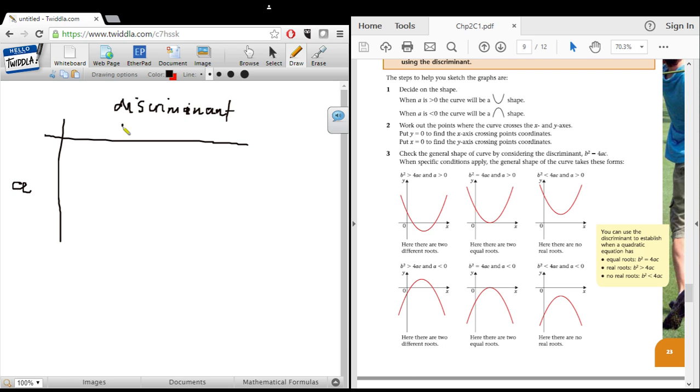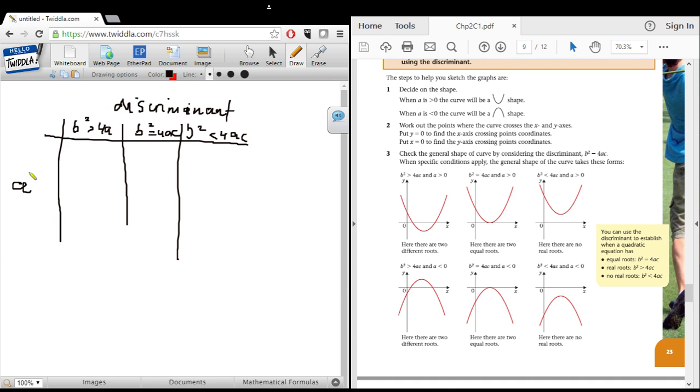So you can make 3 different columns, and in each case you can put b squared greater than 4ac, b squared equals 4ac, and b squared is less than 4ac.